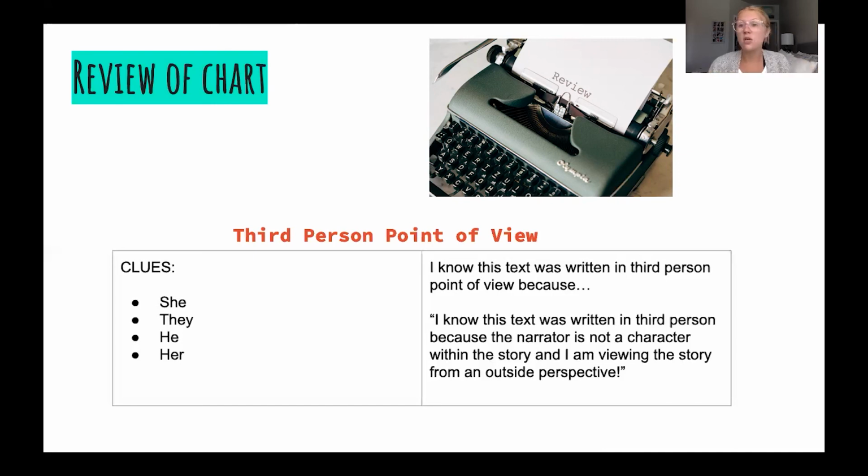Again, the sentence that you guys might have written might be a little bit different, and that is totally okay. These clue words that I was able to notice in the story, hopefully you guys were able to notice as well. Again, these were clue words and pronouns that are unique and specific to third person point of view.